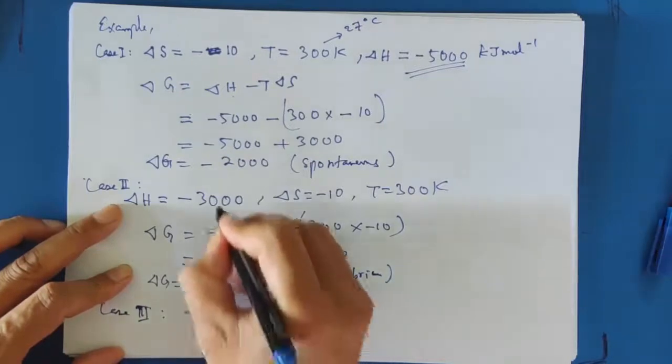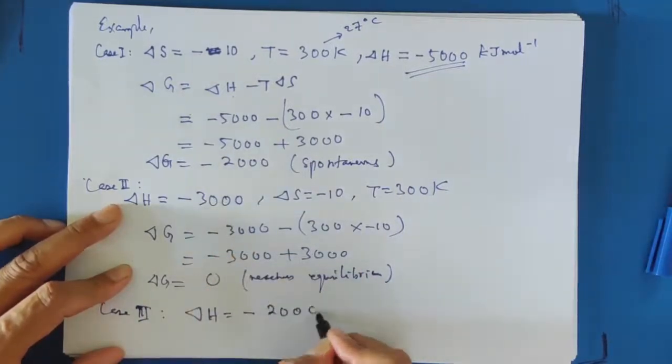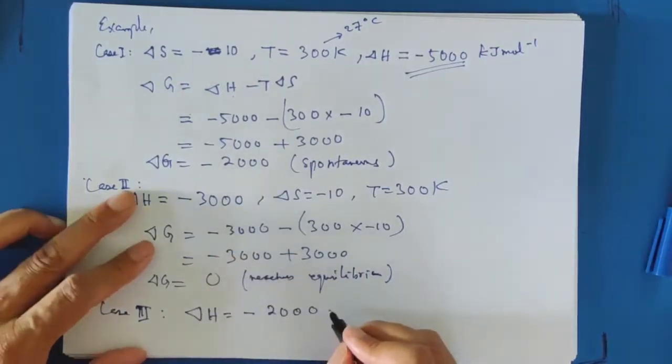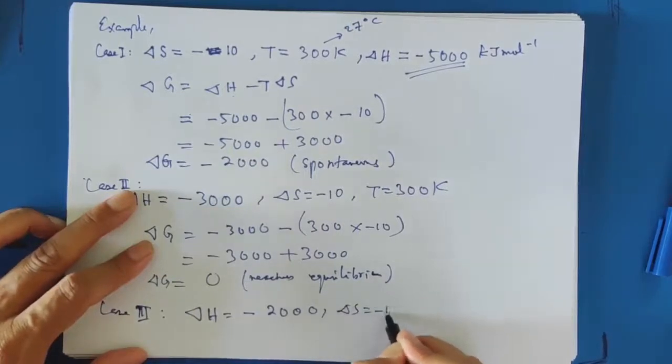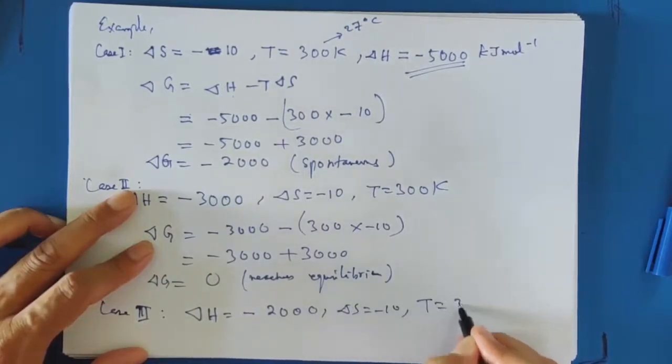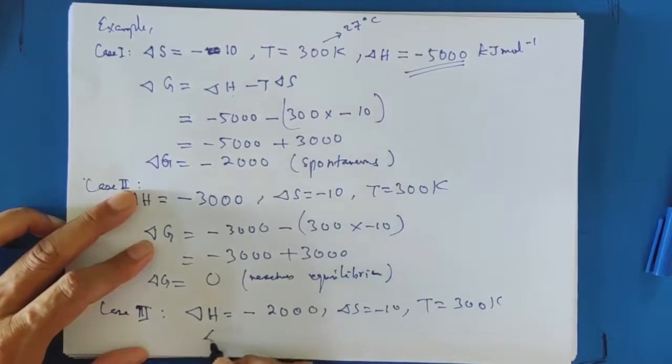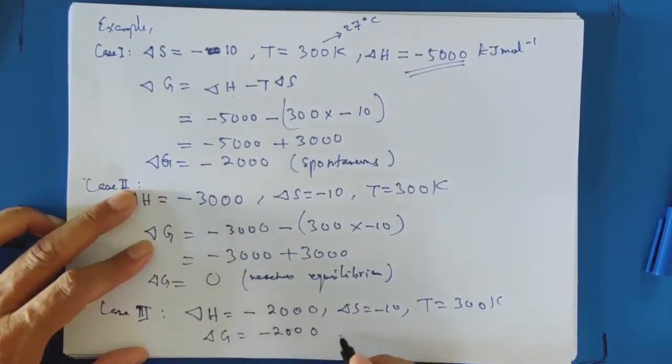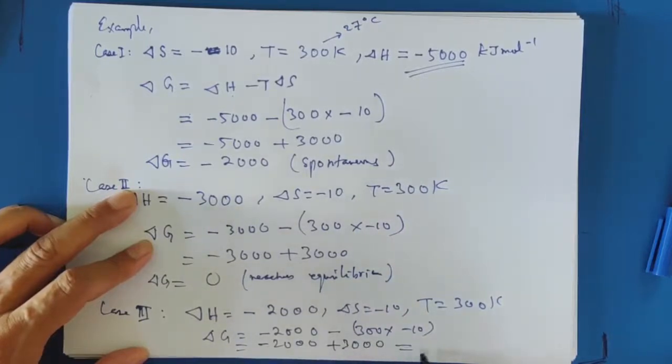So del G is equal to this, positive, okay, 1000.